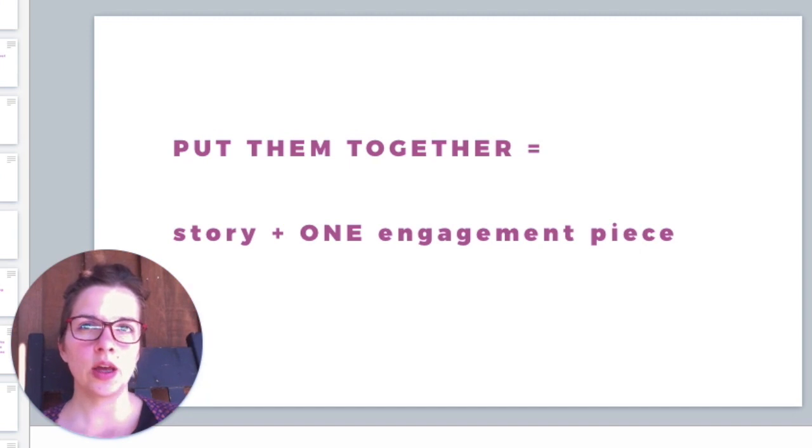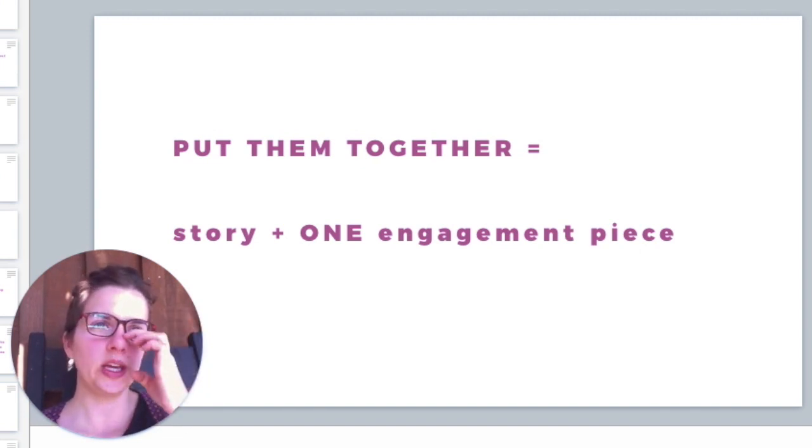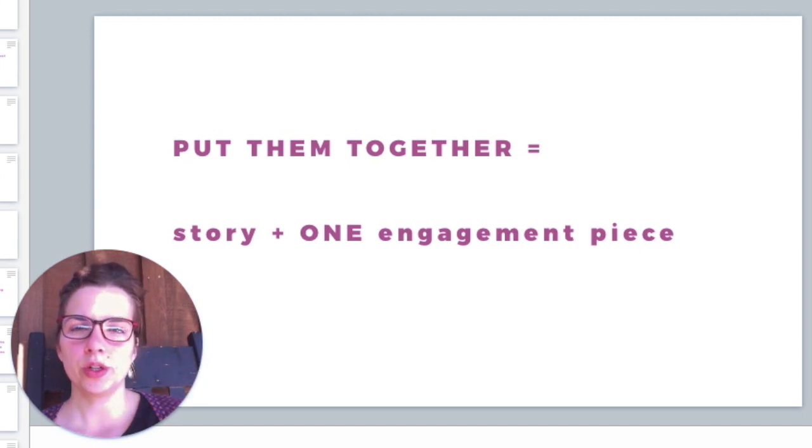So then we want to put that together with one of the engagement pieces. So let's say for this one we are asking them to share your account with a friend. You might say something like, do you know anyone whose grandmother used to sew them clothes? If so, tag them below. Something like that. So it doesn't have to be this super salesy post all the time.